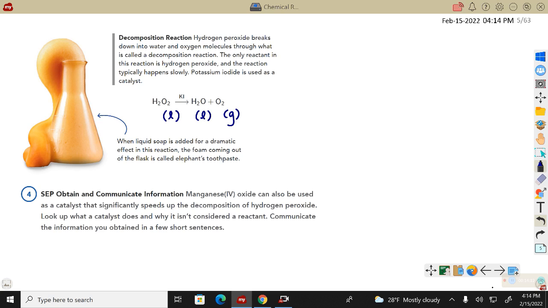It's not really a reactant or a product, it's just making the reaction go faster. It's adding a little energy to help the reaction go faster. And we will run this reaction in the lab multiple times to prove that there's water and oxygen gas formed. And you do not need to do question 4. We'll get into more specific details about catalysts in a later unit.